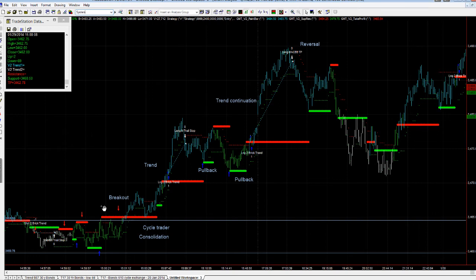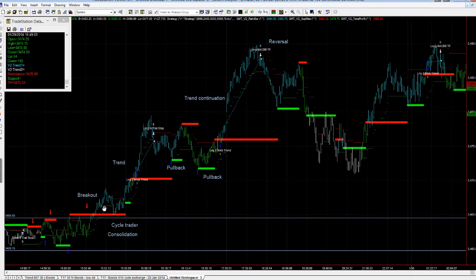So in this situation, we potentially have our cycle trader taking money, our breakout strategy taking money, and we've got the opportunity to get in on a pullback once we see that type of trade set up. That's really a trend continuation type strategy. Then even in here, once we've had that initial move, that initial breakout, we start to get some consolidation, don't we?